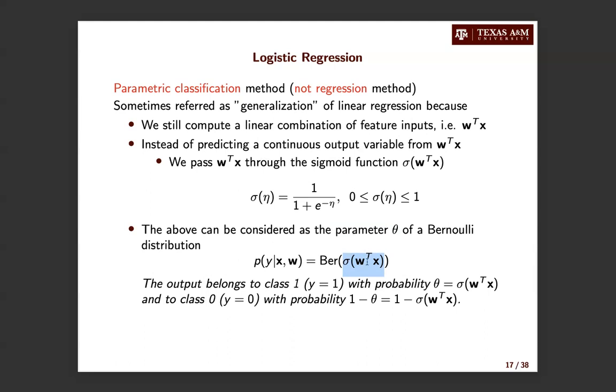Now, if our output belongs to class 1, this occurs with a probability sigmoid of W transpose X. And if our sample belongs to class 0, then this occurs with a probability 1 minus sigmoid of W transpose X.